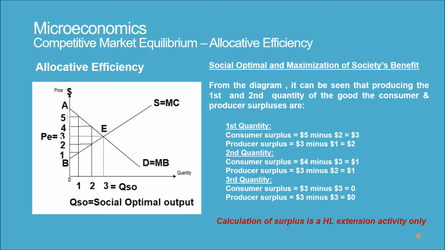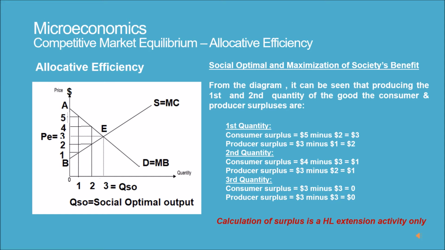Social optimal and maximization of society's benefit. From the diagram, it can be seen that producing the first and second quantity of the good, the consumer and producer surpluses are: first quantity, consumer surplus equals $5 minus $2 equals $3. Producer surplus equals $3 minus $1 equals $2.